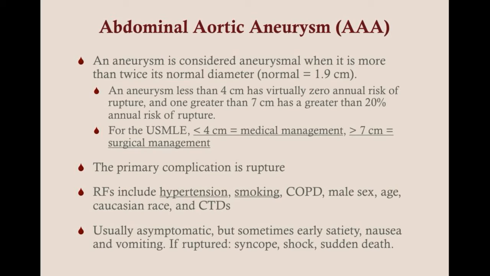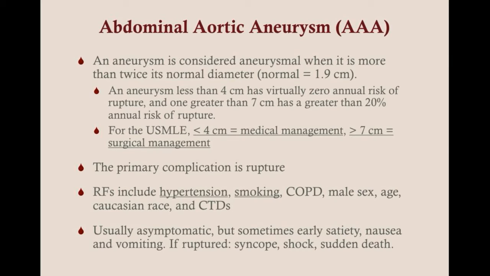So we want to know when we operate and when we don't. And since doctors don't really know when we need to operate and when we don't, what we go with for the USMLE is when we always know we never operate and when we always know we do operate. And so you never operate when the aneurysm is less than 4 centimeters. Never, never, never operate. Always, always, always operate when the aneurysm is greater than 7 centimeters.